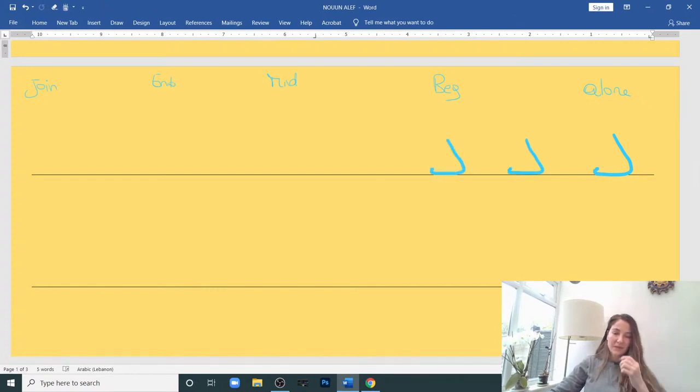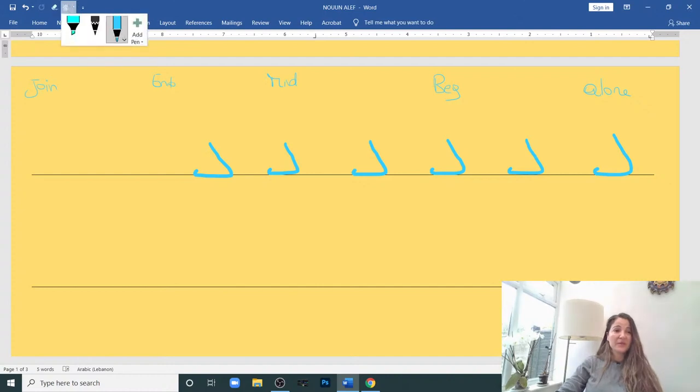You see, my hand is shaking a bit because I'm not writing on a paper, but ideally it shouldn't. So this is nice. You can draw like this. Okay, again. So this is how the letter should look on its own. So that's the letter Daal.